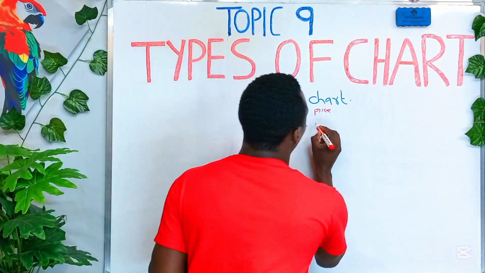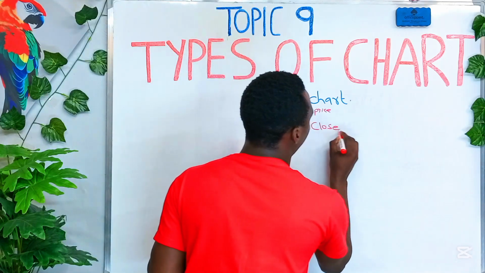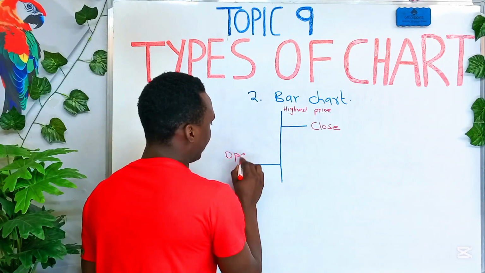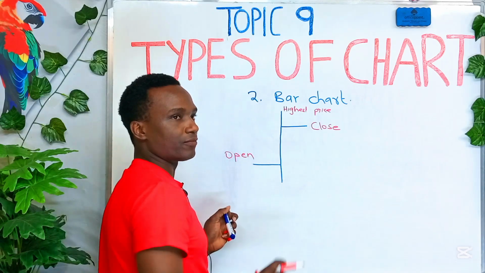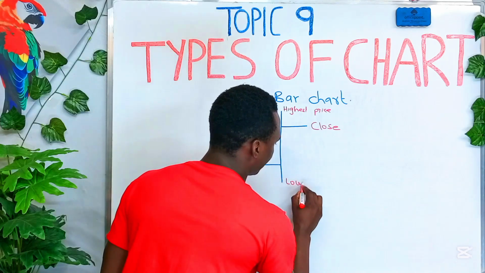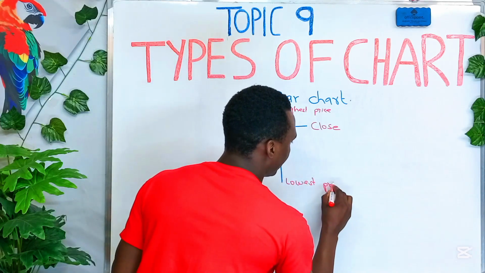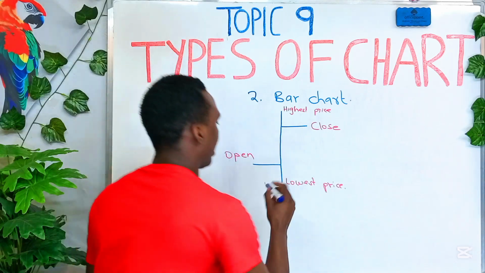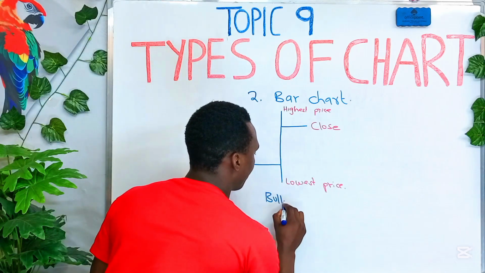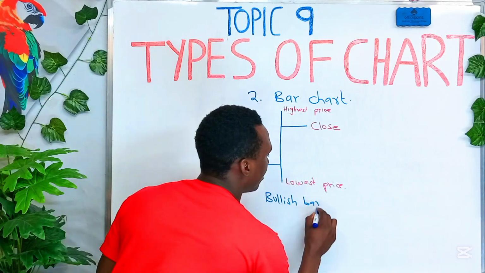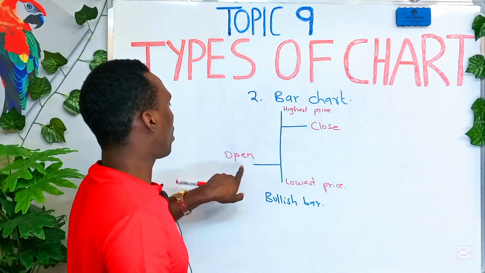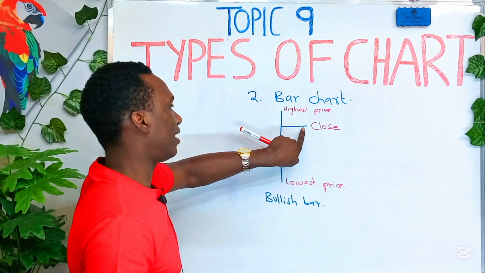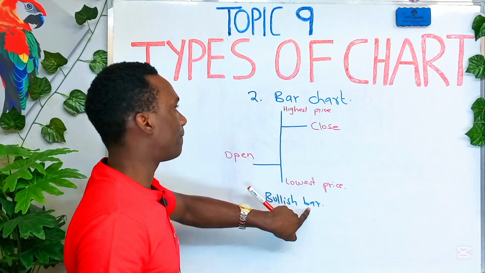This one is the closing price, and this one is the opening price. And this one is the lowest price. So in this example, this is a bullish bar. Why am I saying a bullish bar? Because you have your open price here and it closes up there. So this is a bullish bar.